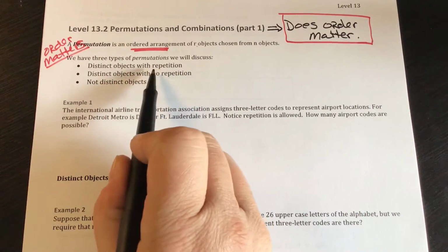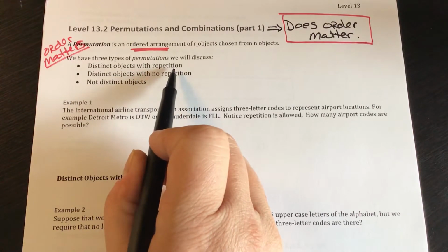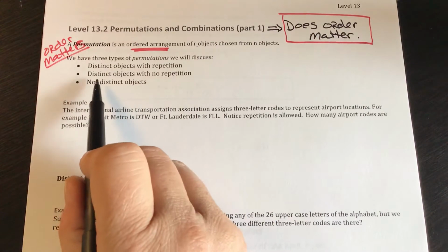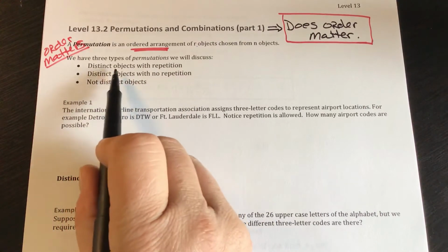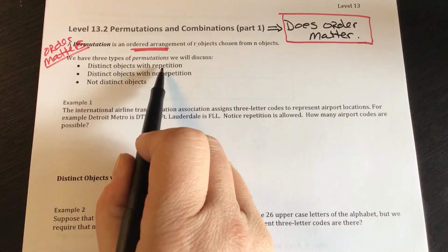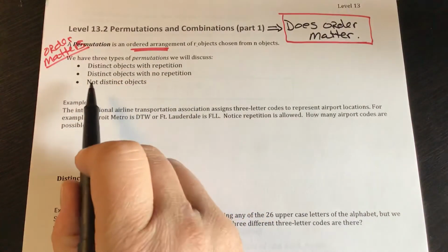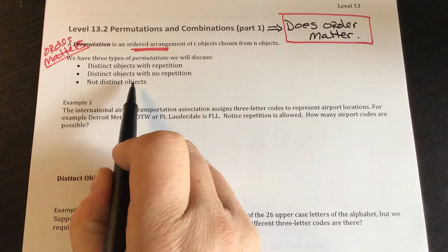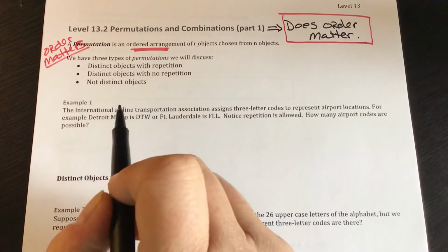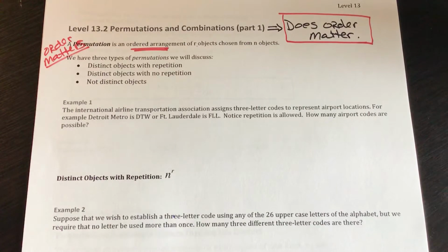That means, can you use a same letter or number more than one time? So we could have distinct objects with repetition, distinct objects without repetition, and we can have not distinct objects where you can't tell them apart. And I'll point that out when we get to that.